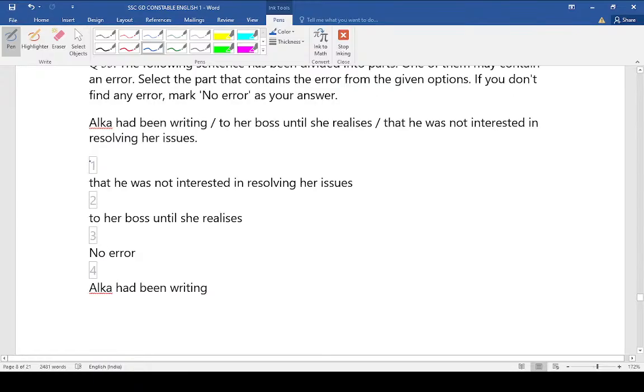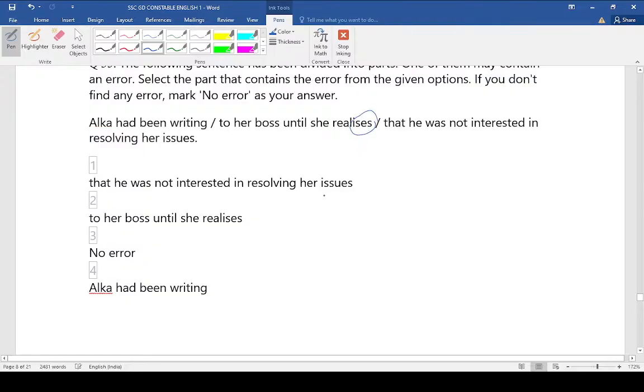The first one is given as: that he was not interested in resolving her issues. Then, to her boss until she realizes. Then, no error. Alka had been writing until she realized here.